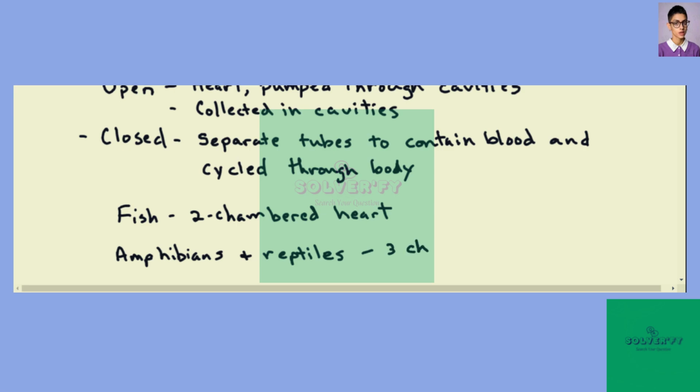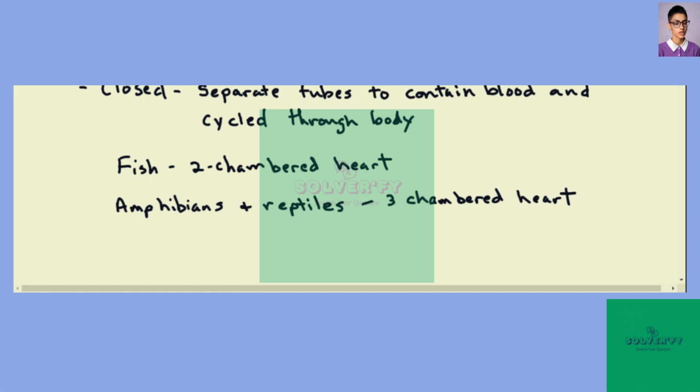Remember, fish only have gills. Fish don't have lungs. And organisms such as humans and birds and other mammals, they're going to have the four-chambered heart.